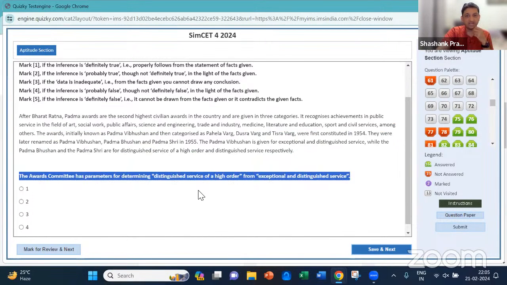Distinguished service of a high order, exceptional and distinguished service. या डेफिनेटली ट्रू होना चाहिए ना, नहीं तो फिर how will they distinguish between the two awards. Yeah, I think it's definitely true. So I go for one.